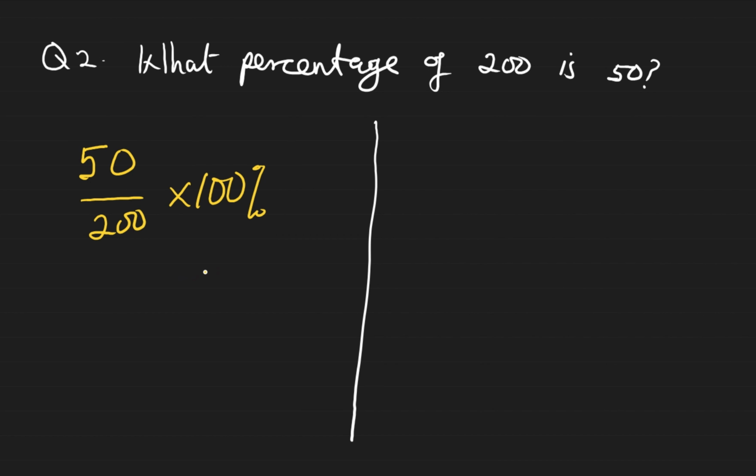And cancel things out, we do it here. Looking at this 100 here, and cancel this 200 two times. This same 2 here, and cancel 50 25 times. So you're left with 25%. Very simple.